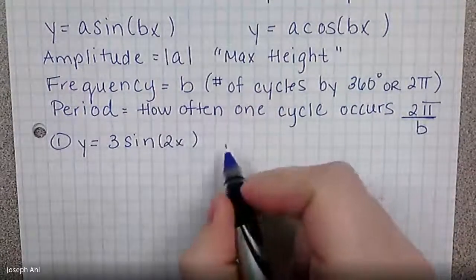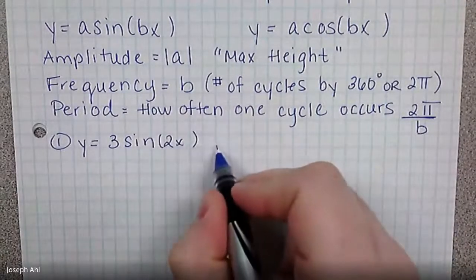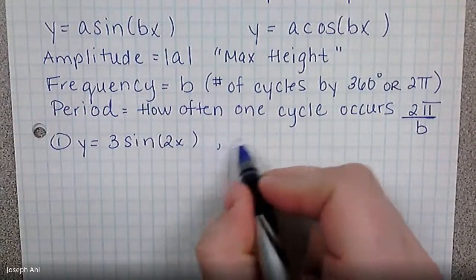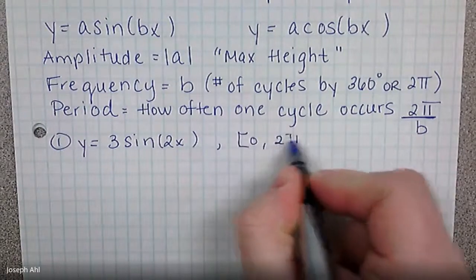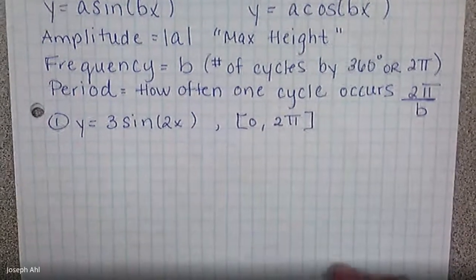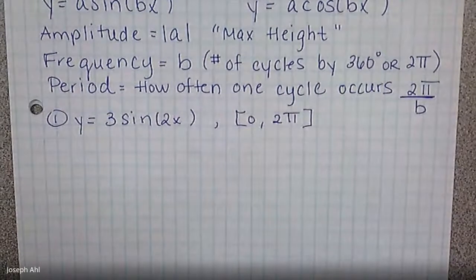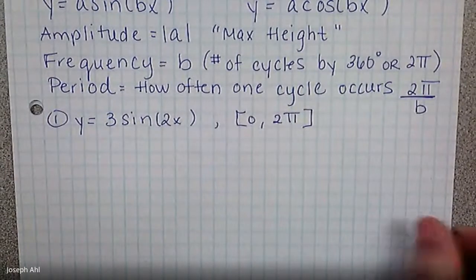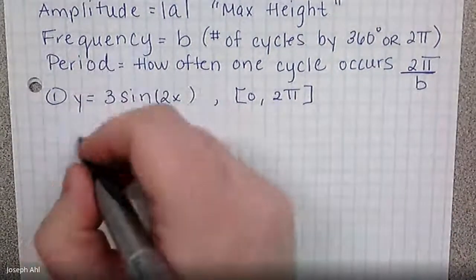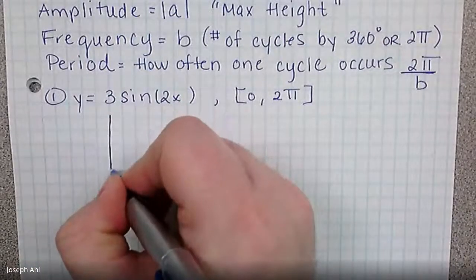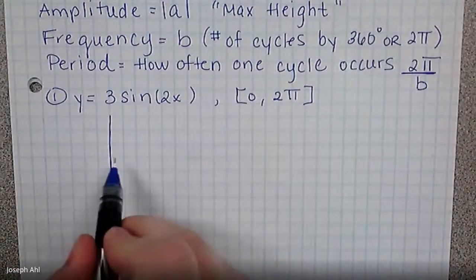And I'm going to give us the boundaries over what I want us to graph this over. Let's graph this from 0 to 2 pi. And maybe I'll change that up a little bit as we go throughout the lesson, but we'll try from 0 to 2 pi. All right, if you have graph paper for this lesson, by the way, that would be ideal so we can even be pretty accurate with our sketches.